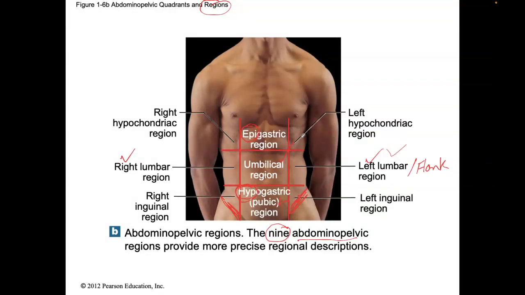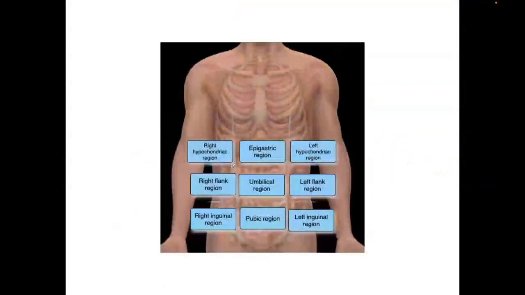And then just under the ribs, we have hypo, which means under, chondriac, that's the cartilage of the ribs. So there's a left hypochondriac region and a right hypochondriac region. Those are the 9 regions.